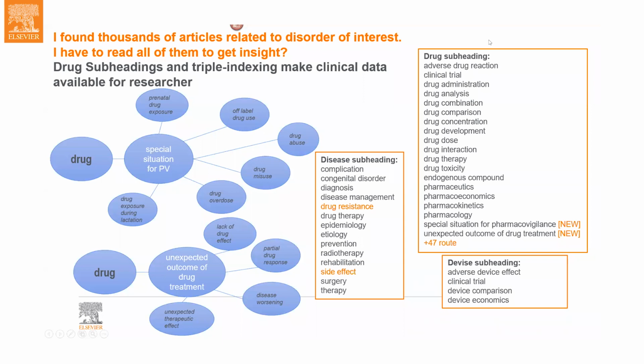The subheadings for drugs are adverse drug reaction, clinical trial, drug combination, drug comparison, drug dose, drug toxicity, drug therapy, and also pharmacoeconomics, pharmacology. In addition to that, we have 47 different routes of administration for some drugs.